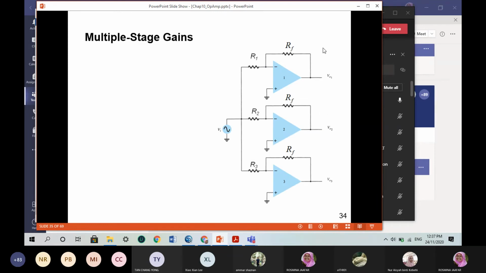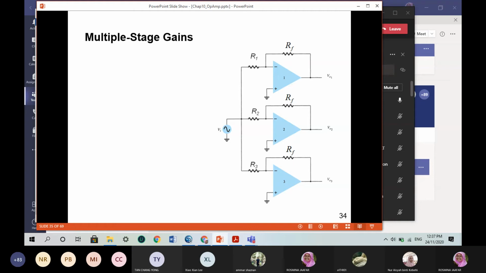You can also have another arrangement like this. Instead of cascade, you have a parallel connection. And you apply V in to this terminal, which is connected to the inverting input of the second op-amp. But this one is connected to this terminal, and this one is connected to this one. So you have to evaluate individually.